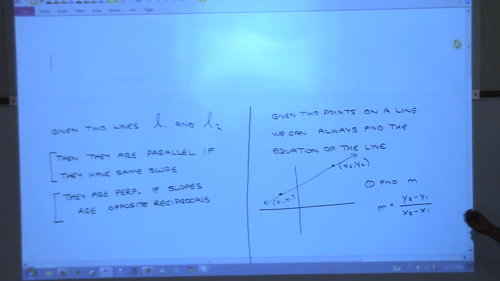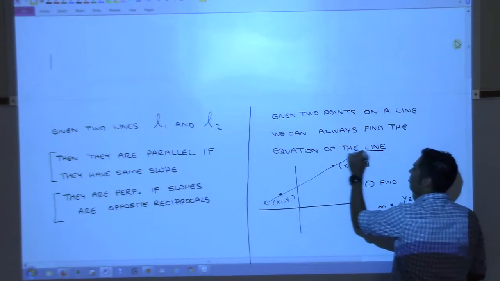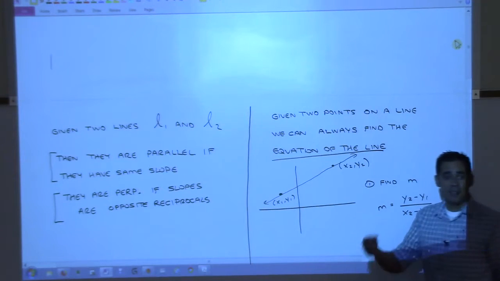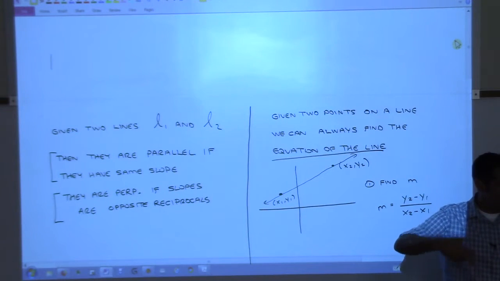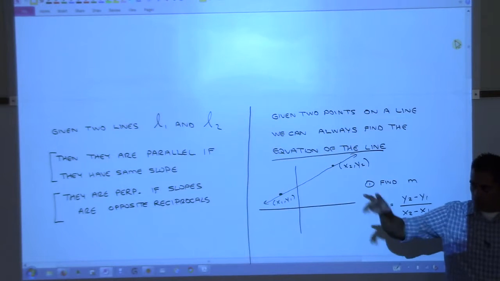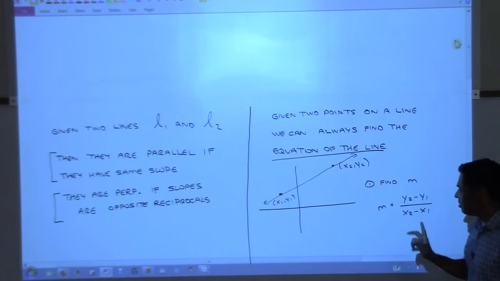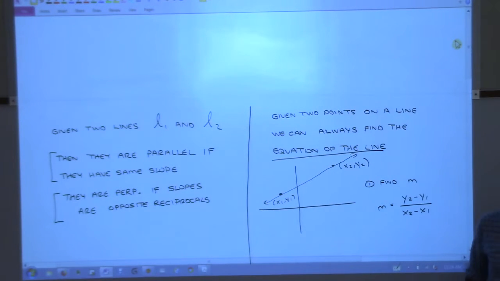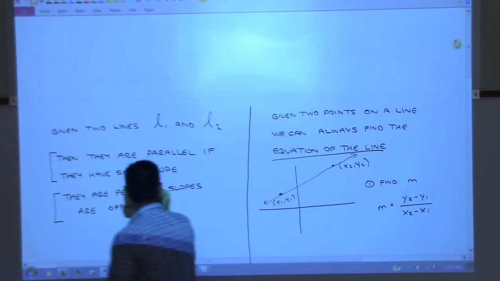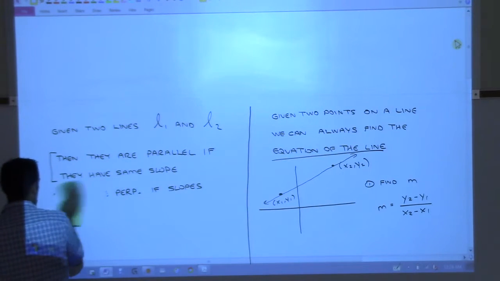Now, m by itself is not the equation of the line, right? The equation of the line is either going to look like standard form or slope-intercept form. Those two forms. So to find the equation, step 2, I actually need another formula. And this formula I have not given you. This is kind of a new formula.